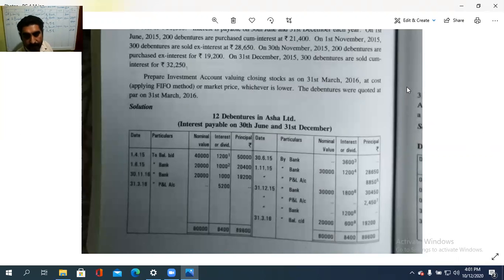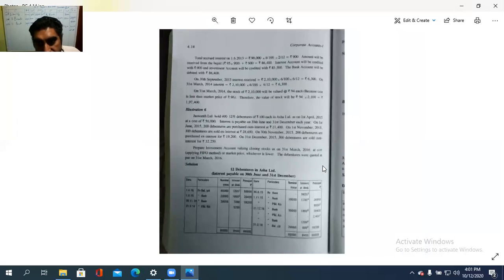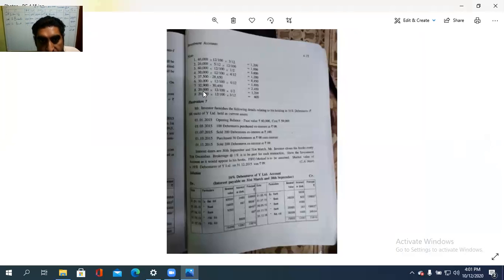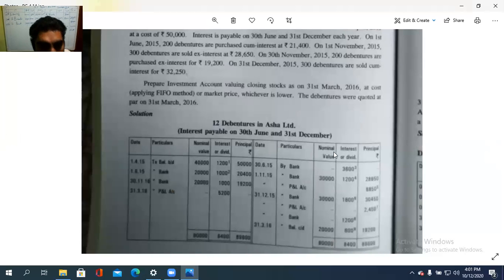And then after that, the interest for the yearly one, isn't it? The yearly interest: 20,000 into 12 by 100 into 1 by 2, that is 6 by 12. That is 1,200 that is coming. So by bank 1,200, and then again by balance carried down, because it is year ending.